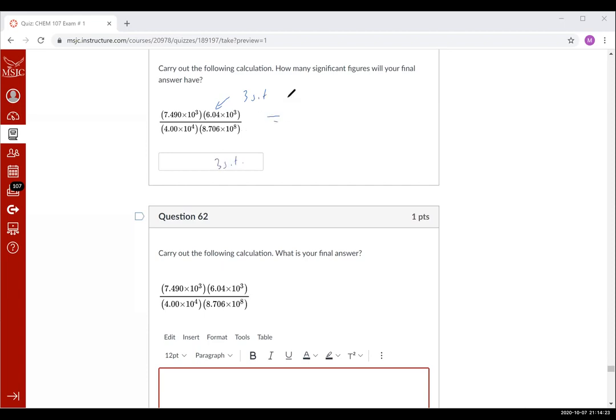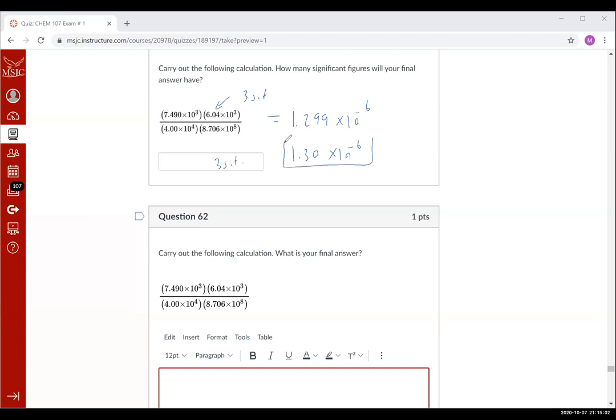So punching this into our calculator, we get as a total 1.299 times 10 to the negative 6 that we round to 1.30 times 10 to the negative 6.